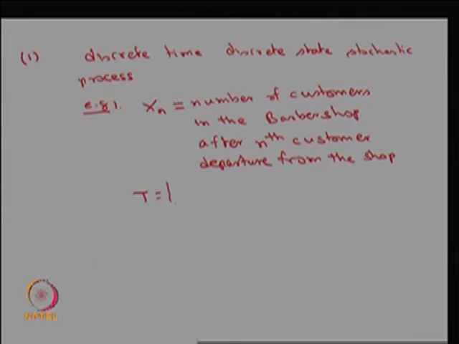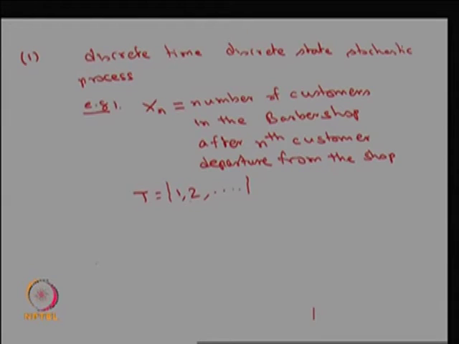That means whenever one customer leaves the system, how many are in the system after he leaves. So, the possible values of T will be: the first customer when he leaves, how many are there, we want to find out, and so on. Therefore, the possible values of capital T are going to be 1, 2 or 3.